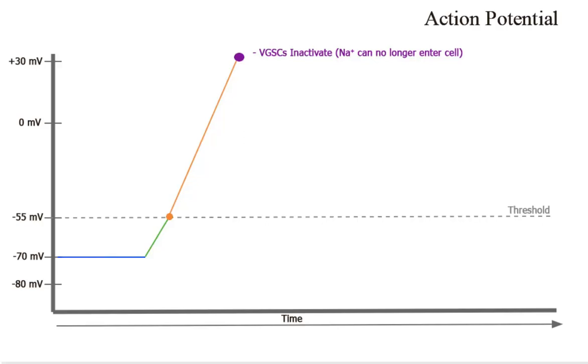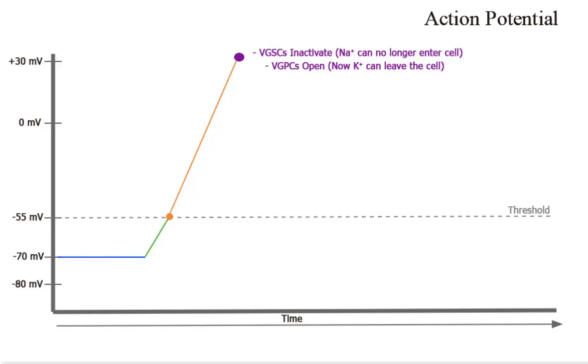And there's something else that happens at plus 30. Again, if you recall the previous lesson, voltage-gated potassium channels open at plus 30 millivolts. So at this point on the graph, the sodium channels are inactivated and sodium can no longer come in. But now I am opening potassium channels, and yep, potassium can leave the cell.